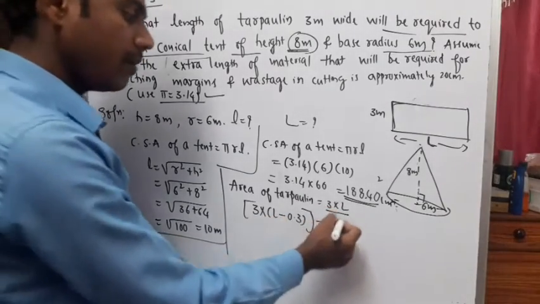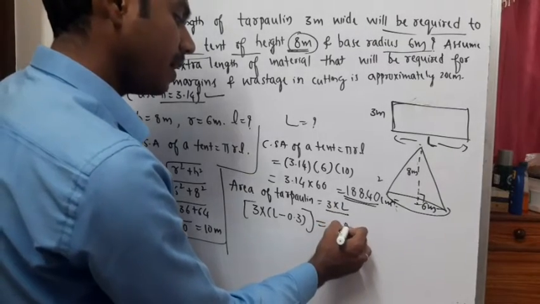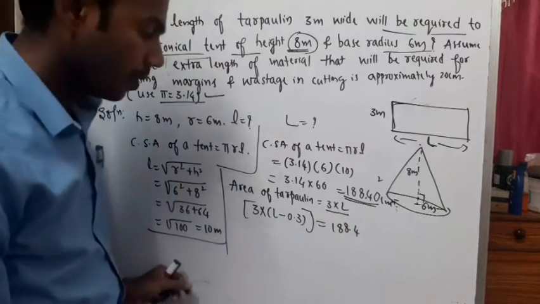If I remove it, then it will be equal to the curved surface area of the tent. I hope you understood.